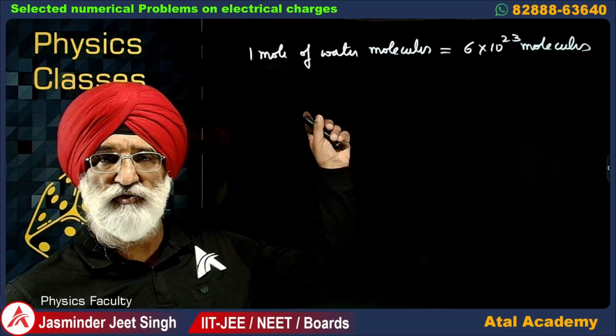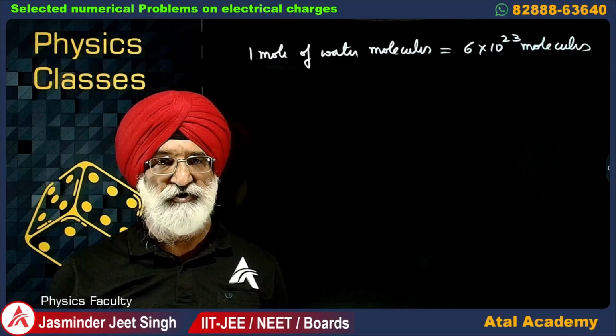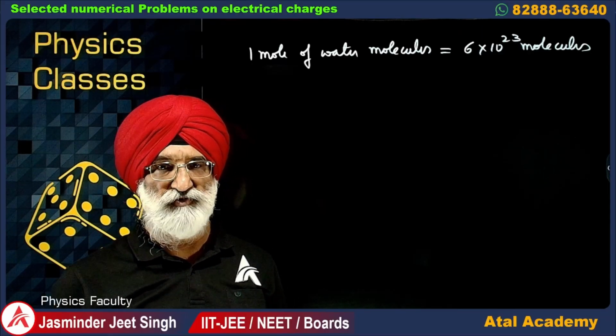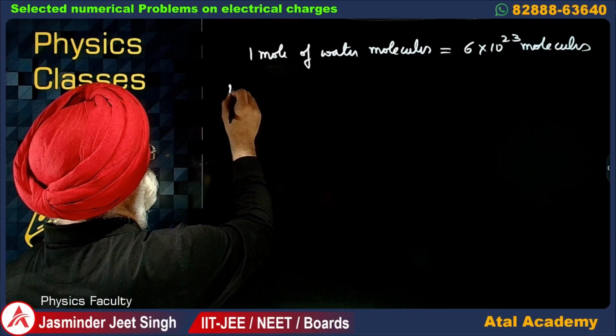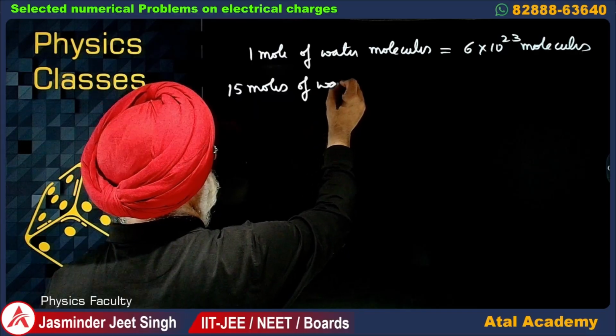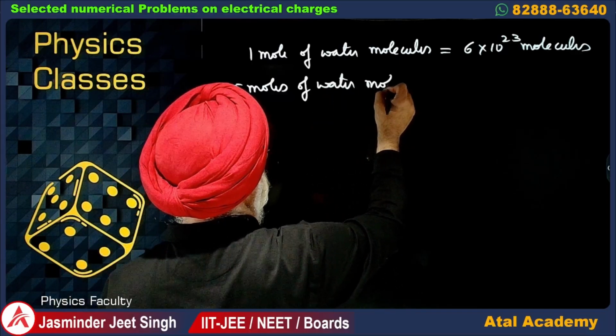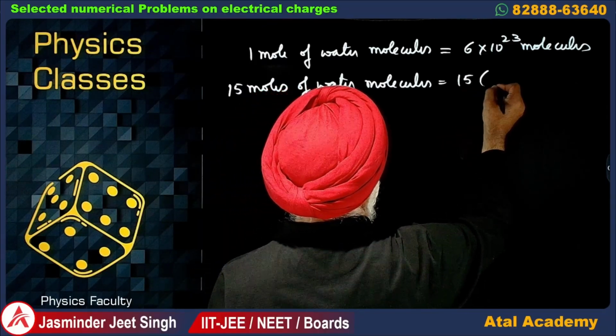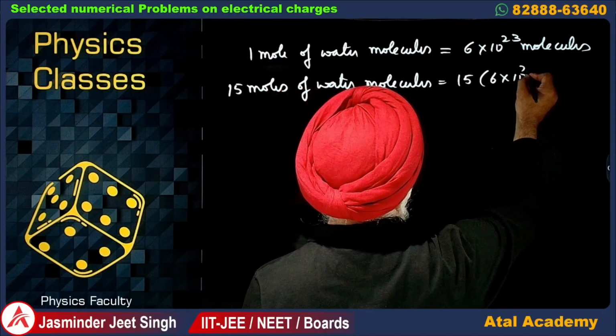If in 1 mole we have got 6 into 10 to the power of 23 molecules, how many molecules will be present in 15 moles? In 15 moles of water molecules, there are 15 into 6 into 10 to the power of 23 molecules.